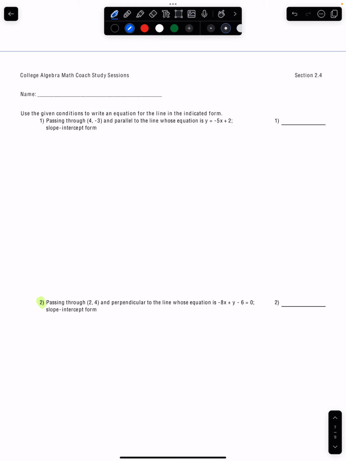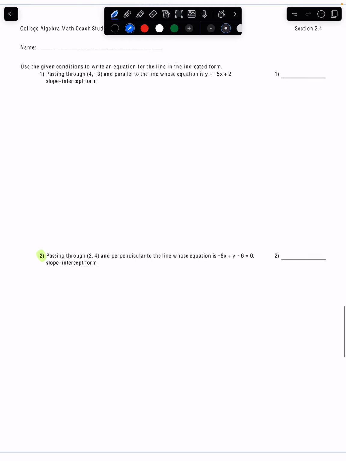Now looking at section 2.4, start with number 2. Passing through point 2 comma 4 and perpendicular to the line whose equation is 8x plus y minus 6 equals 0. Get the slope-intercept form.